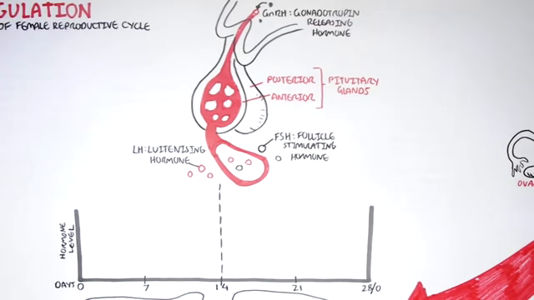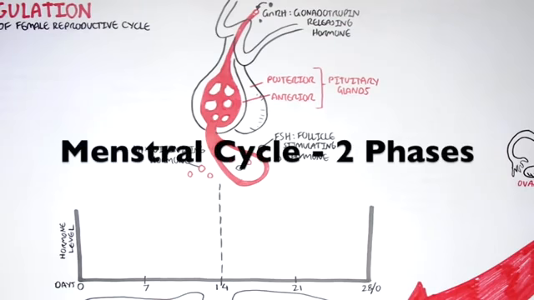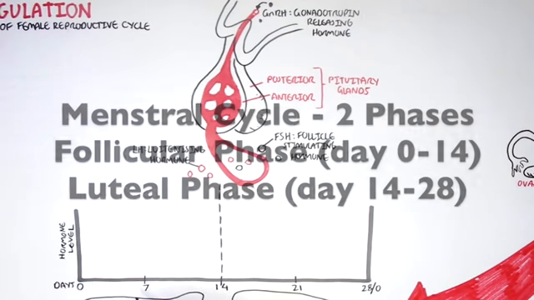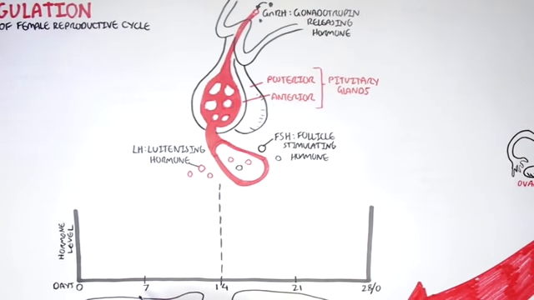So the dotted line in the middle is 14 days, which is halfway. Now, just to simplify things even more, the menstrual cycle can be divided into two phases. The first 14 days is known as the follicular phase, and the last 14 days is known as the luteal phase. And this is important to keep in mind. So the first is the follicular phase, the second is the luteal phase.